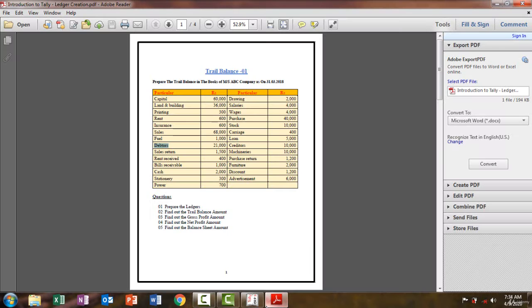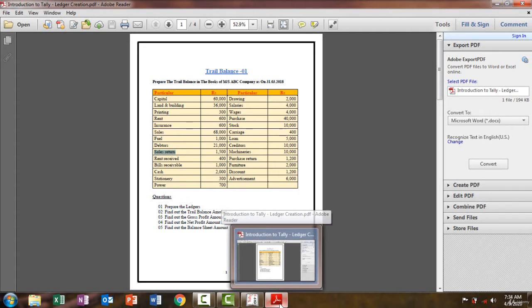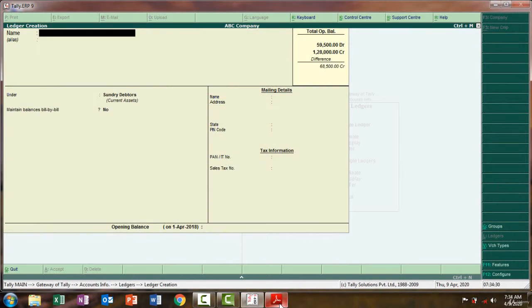The next one is sales return. Sales return means we have already sold the items, but some of the goods are returned to our company, so we have to deduct them from the sales. So how can we put the ledger? First we create the sales return ledger.